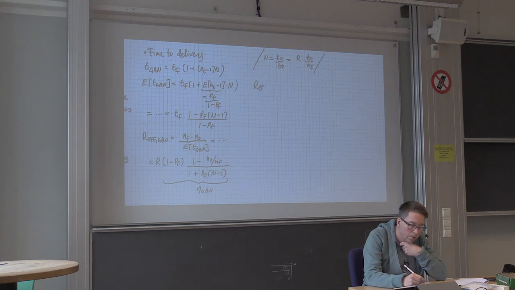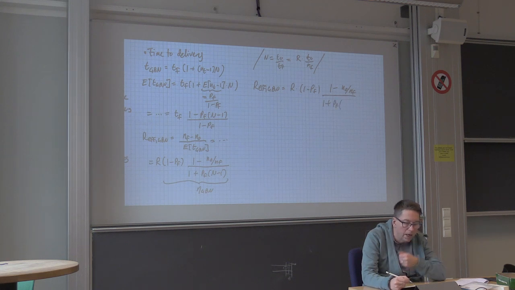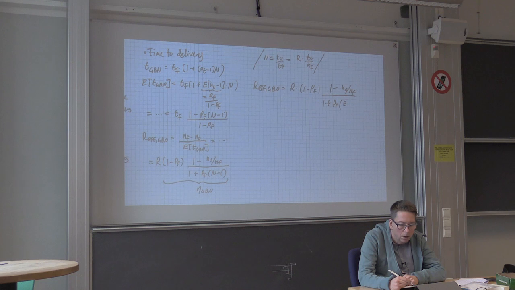So the effective rate for go back N can be written as R times 1 minus PF times this fraction 1 minus N0 divided by NF, and then divided by 1 plus PF times, and capital N we replace by R T0 divided by small nf, and then subtract off 1.